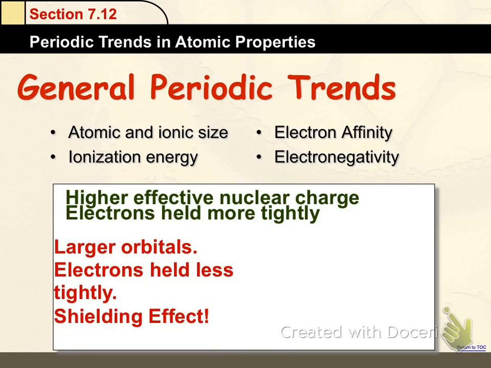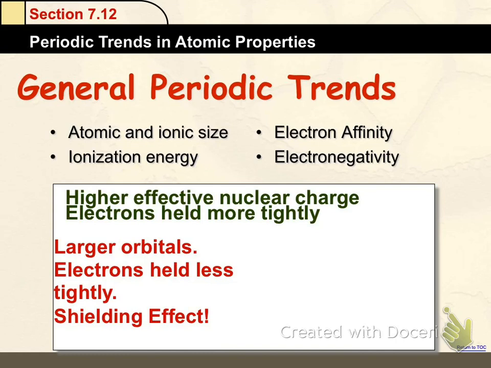Another thing, larger orbitals. So if we look at the periodic table and we go down the periodic table towards the franciums and the tungstens and the leads, the things at the bottom of the table, those elements have larger orbitals. And those elements have electrons that are held less tightly. And the reason is because there's a shielding effect that shields the outer electrons from the nucleus.